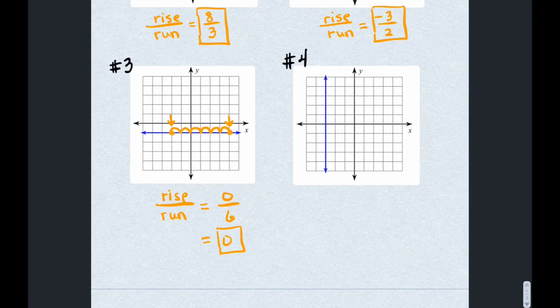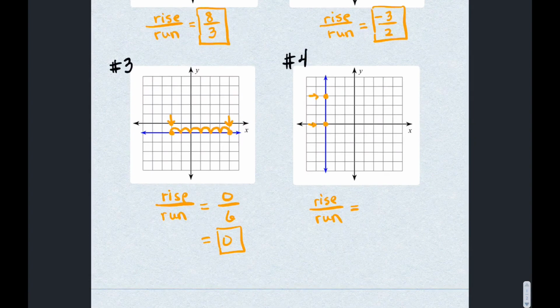That's different than our last example, number 4, where we have a vertical line. If we pick 2 points here, we could pick something like this, and then also this point right here on the x-axis where the line crosses. Again, if we start with rise over run, our rise is going to be, and it really doesn't matter which one you pick here, you could start with the top point or the bottom one.